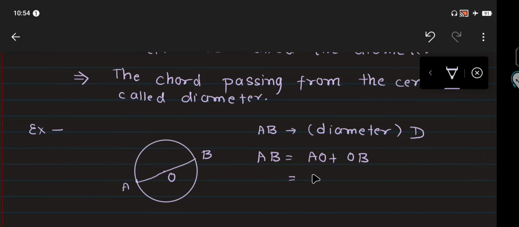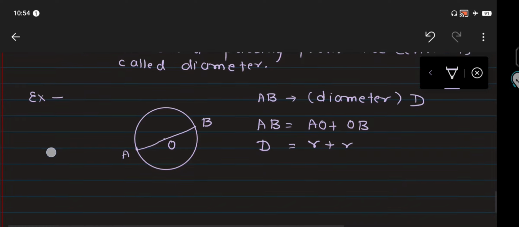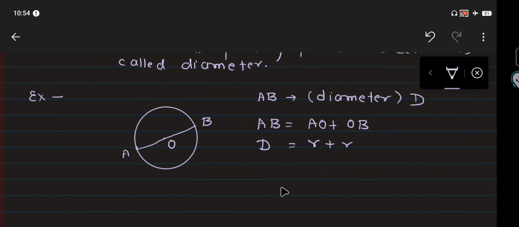So we can write AO, the radius R, and OB, the radius R, and this is D. So we can have a relationship between a diameter and a radius. Diameter is 2 times the radius. D equals 2R.